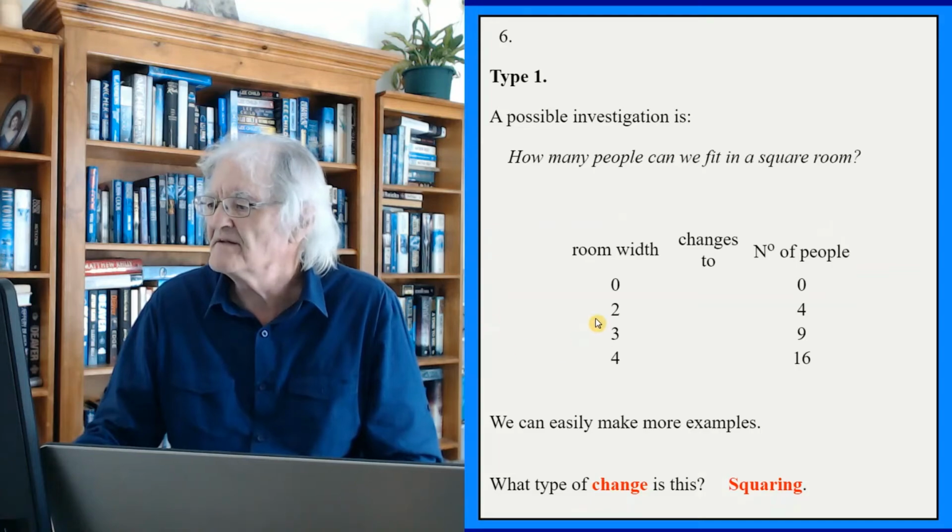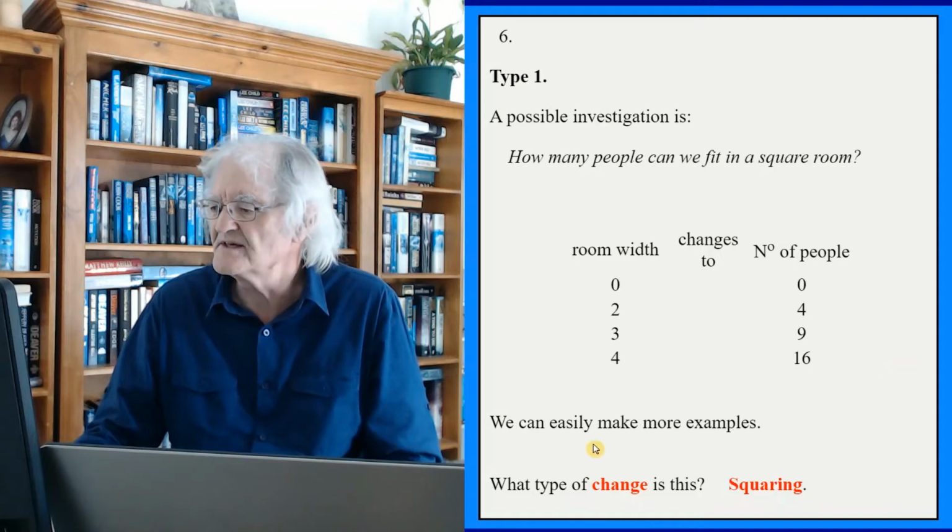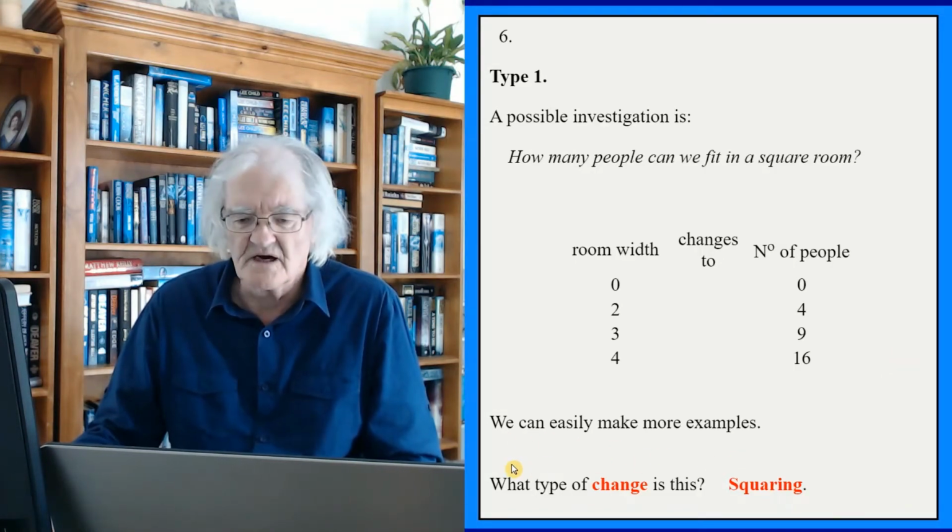We find that for a room width of 2 metres, 4 people would be comfortable. For a room width of 3 metres, 9 people would be comfortable. We can easily make more examples. What type of change is this? It is called squaring.